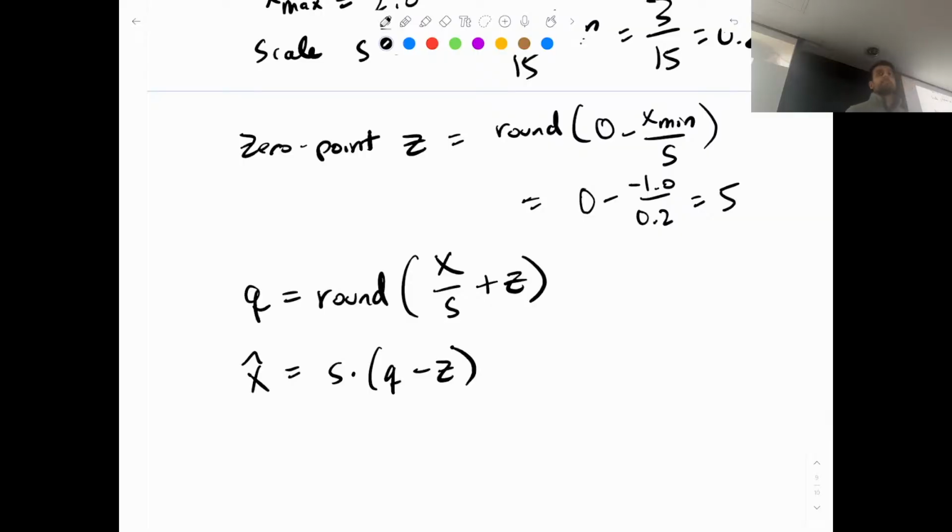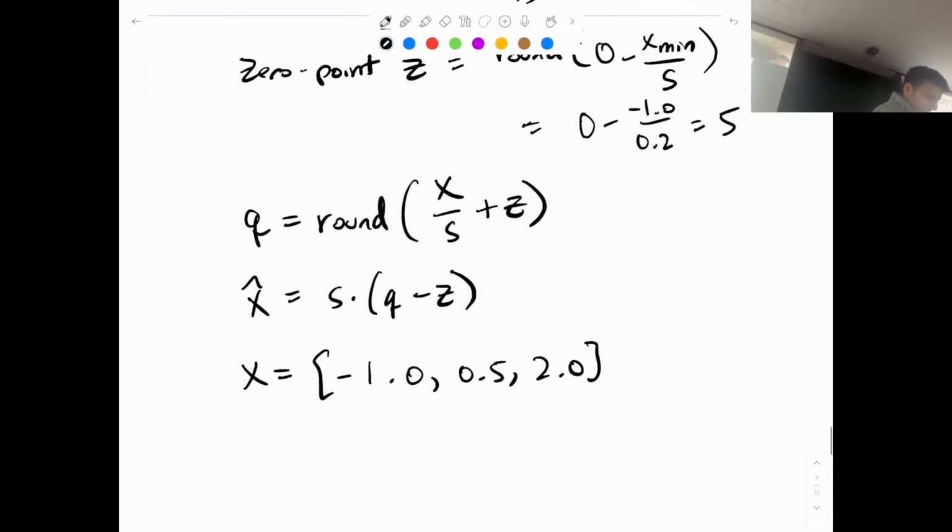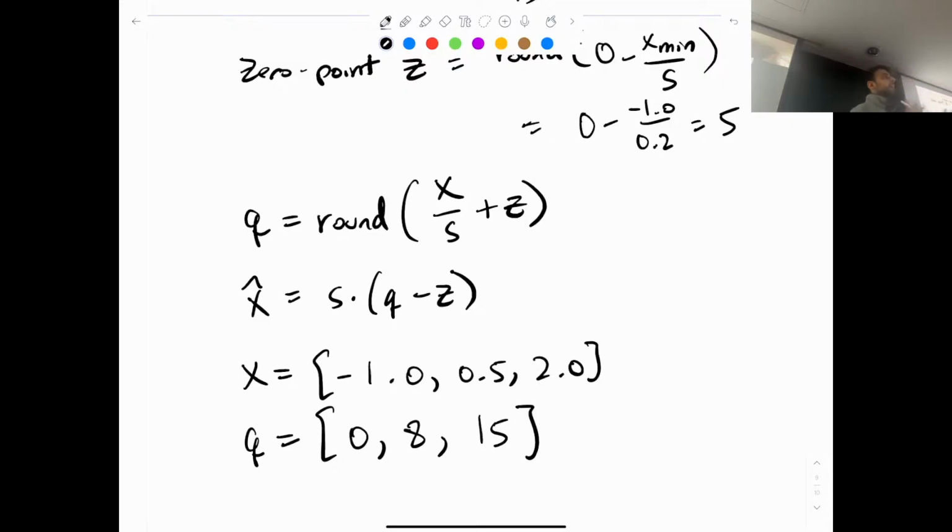So we'll just finish up by looking at what happens if we apply this quantization strategy to our x vector, which used to be minus 1, 0.0, 0.5, 2.0. If we do quantization, we get 0, 8, and 15. So these are our new weights. We've quantized this into 4-bit.